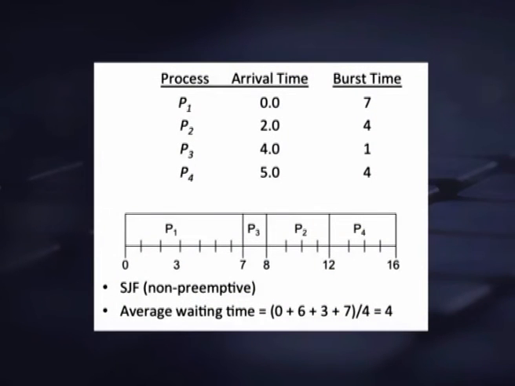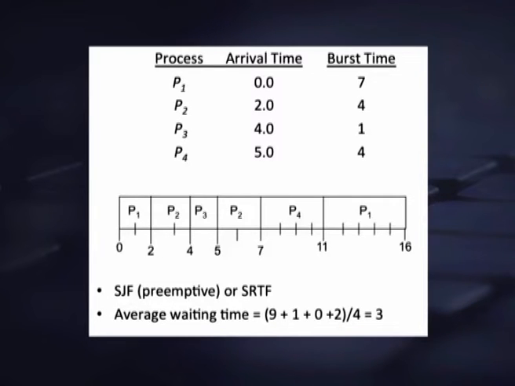In this figure, we have shown the non-preemptive version of the SJF algorithm. Here, we have 4 processes with their arrival times and CPU bursts. The non-preemptive SJF algorithm selects the shortest jobs one by one. The average waiting time has also been calculated.